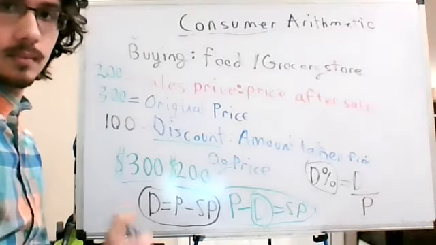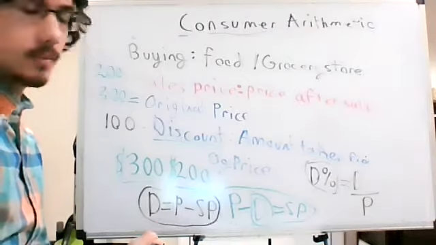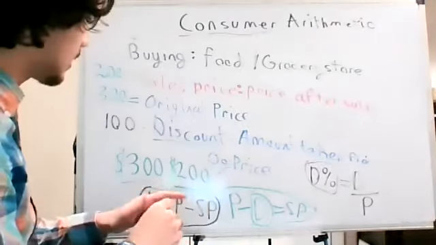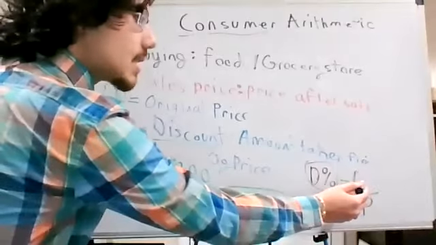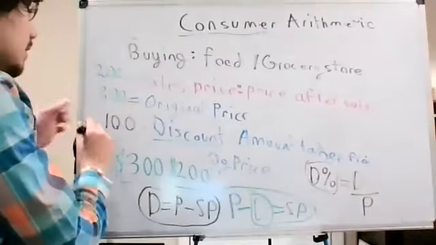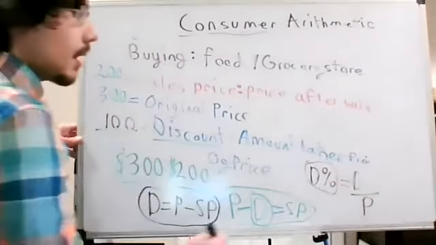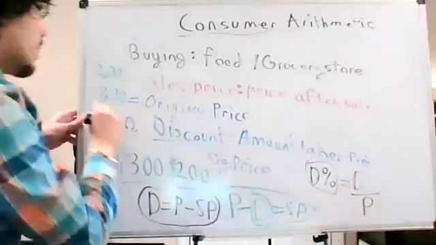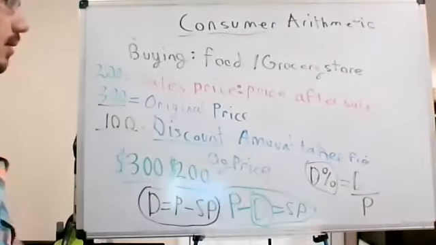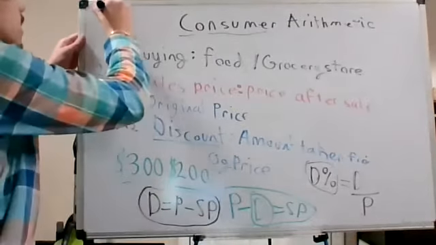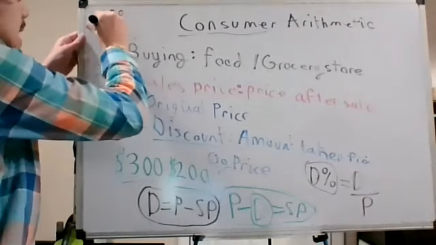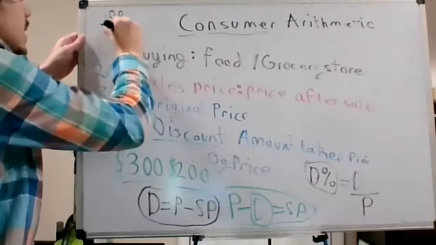All you have to do is divide the discount, which is this, by the price, which is this. So the discount is 100 and the price is 300.